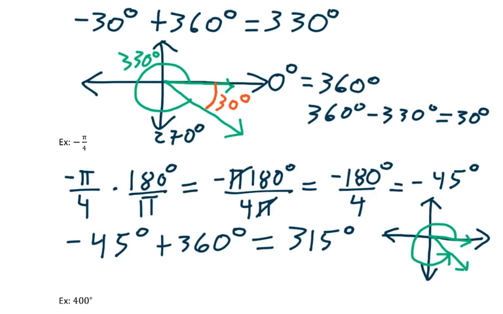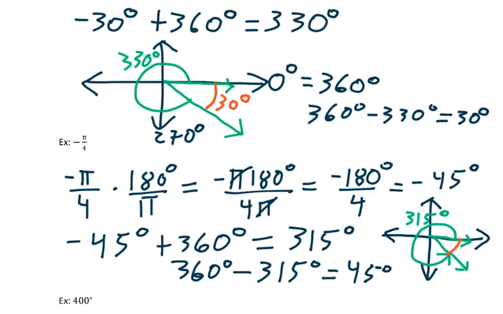So here's 315 degrees. And just like before, we want this piece. So we subtract: 360 degrees minus 315 degrees, and you get 45 degrees. So the reference angle here, the one in red, is 45 degrees.